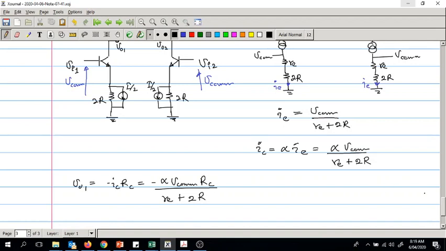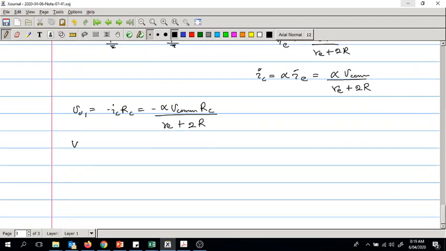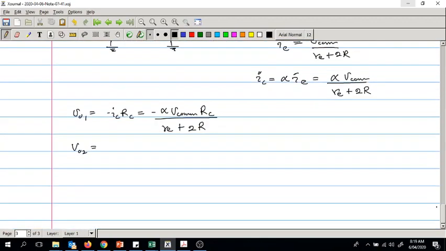It's the same case for V out 2 as well. V out 2, if you use the right hand side circuit, will give us the same value, which is minus IC RC, equal to minus alpha V common RC divided by RE plus 2R, because it is the same voltage given.